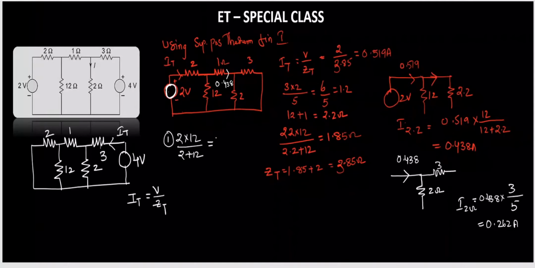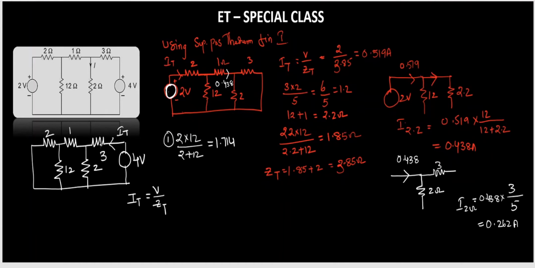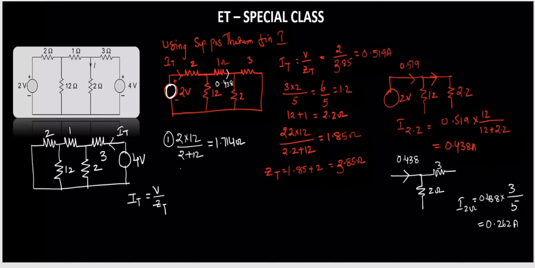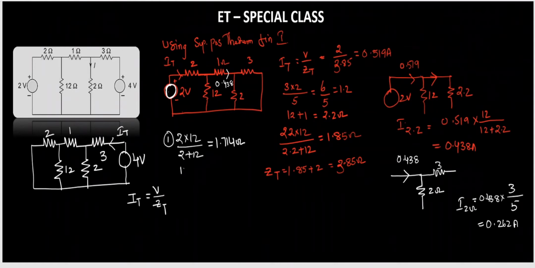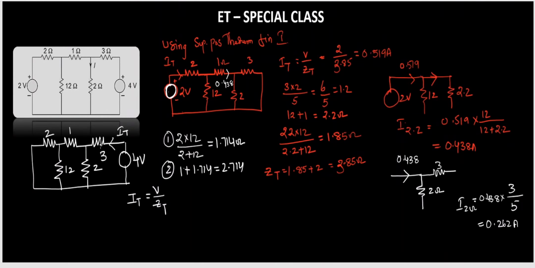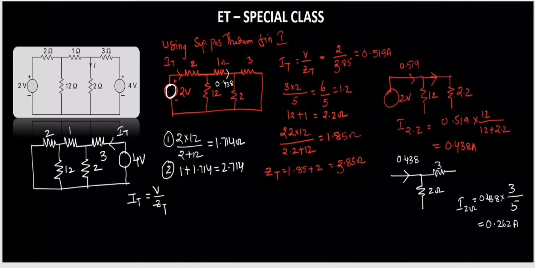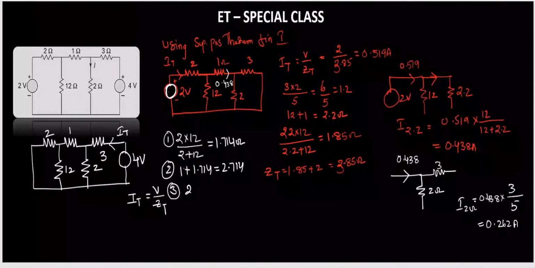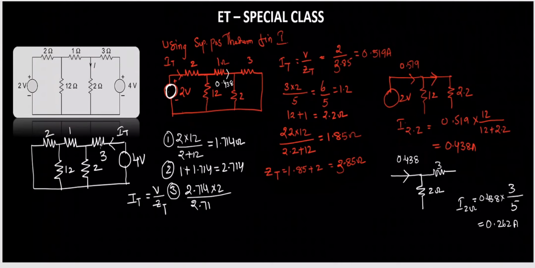How much? 1.714 ohms. This 1.714 and 1 are in series. So 1 plus 1.714, 2.714 is the resistance in the second step. The third step is that this is in parallel with the 2 ohm resistance. So 2.714 into 2 divided by 2.714 plus 2.